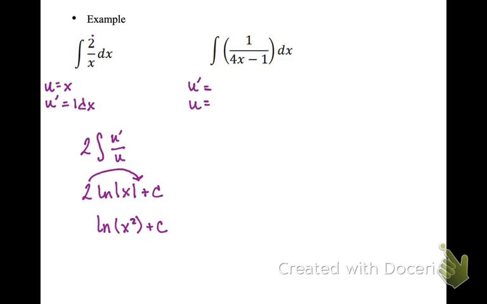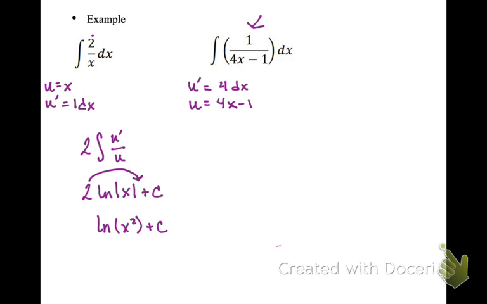Okay, so what is u? U is 4x minus 1, because u, if it is natural log, is always going to be the denominator. And so u prime is 4 dx. Okay, so I have a 1. Could I make a 4 a 1? Yeah. So I can use natural log.